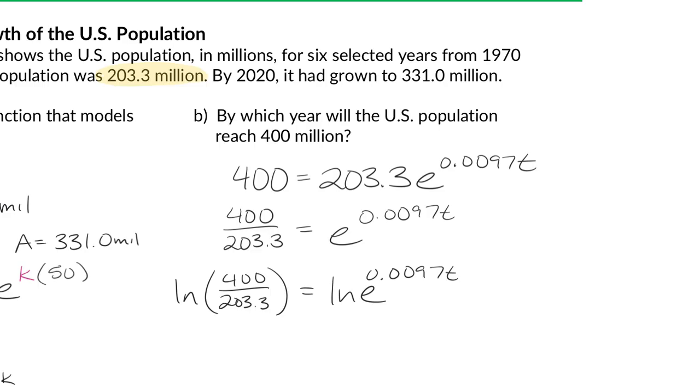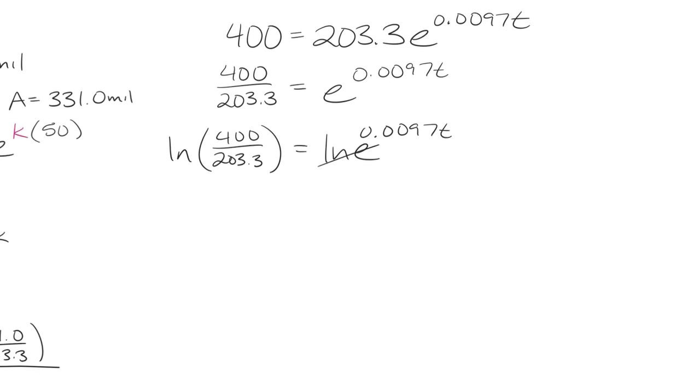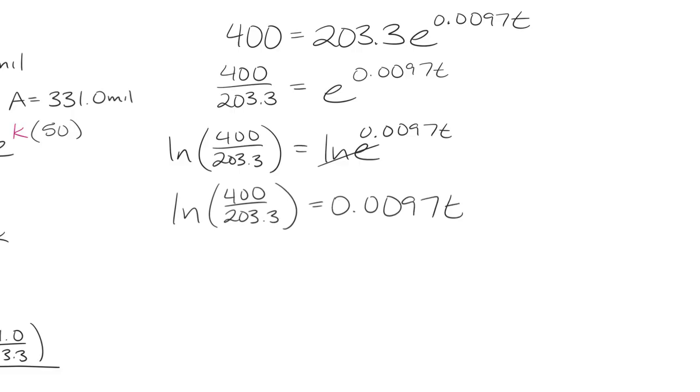We are going to cancel out the natural logarithm of e using that property. We are going to solve for t by dividing by the coefficient, which happens to be our growth rate.